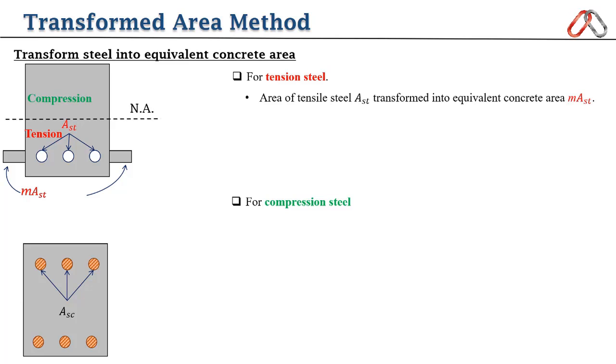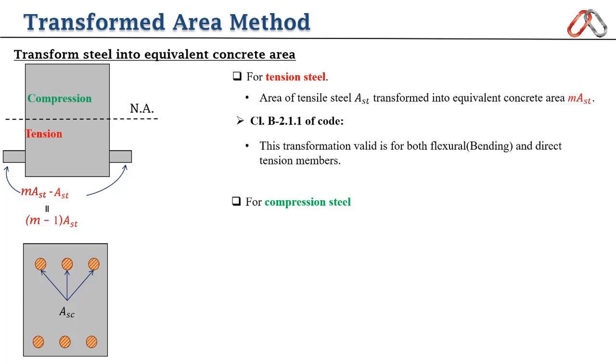So to make it perfect, we have to subtract this area from the equivalent area of concrete, or we can write it as (m-1) Ast. I have explained this concept for a bending beam, but the code suggests that this transformation is valid for both flexural and direct tension members.